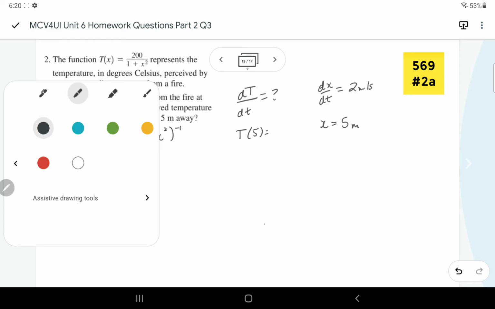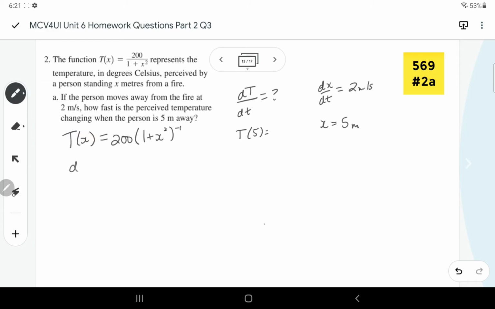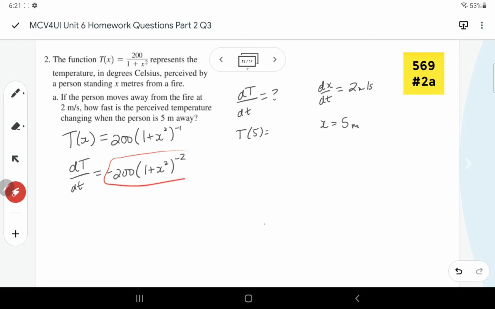So when I take the derivative of this, dT by dt, change in temperature over the change in time, will be negative 200 times (1 plus x squared) to the exponent negative 2. This is just chain rule here. Now when I do the derivative of the inside stuff, I know that x is a function of time because the person is moving.